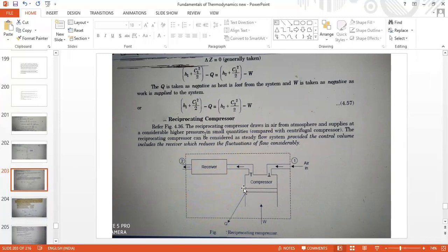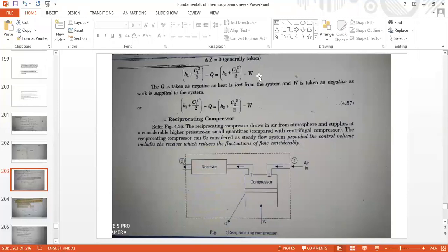In this equation, H1 plus C1 square by 2, plus Q, equal to H2 plus C2 square by 2, plus W. If some Q is given to be rejected by the compressor, because heat rejection is negative, you use a negative value here in joule per kg, because this is written on a per unit mass basis.